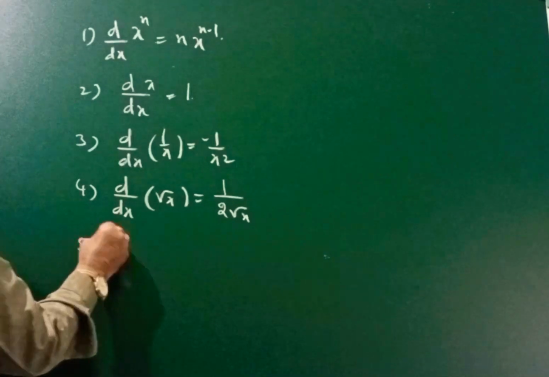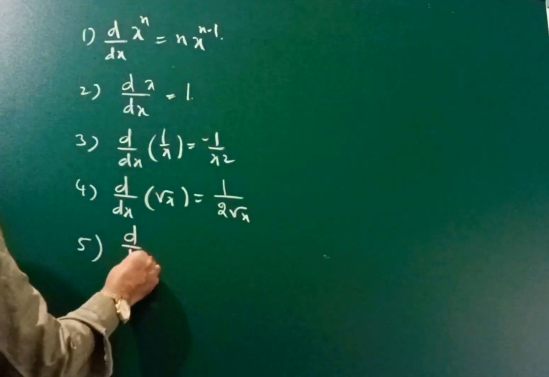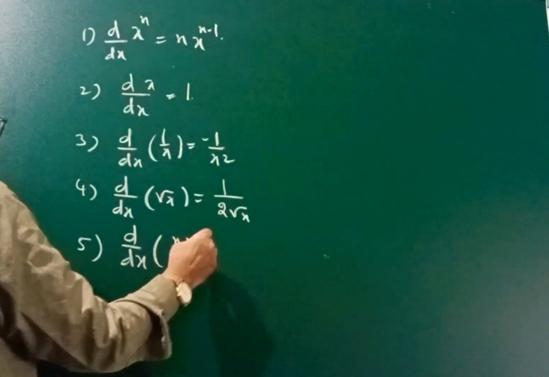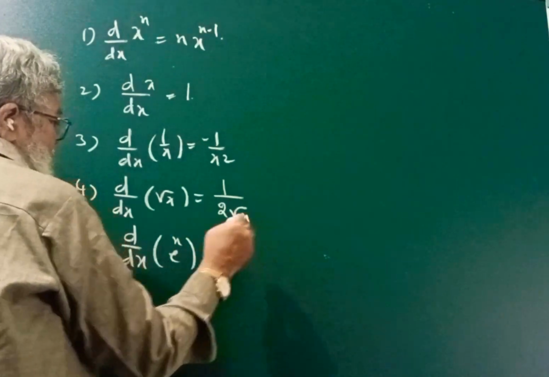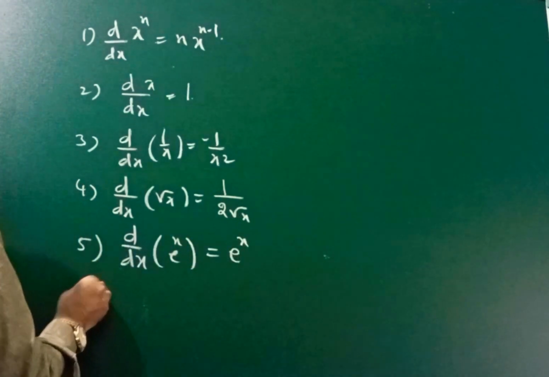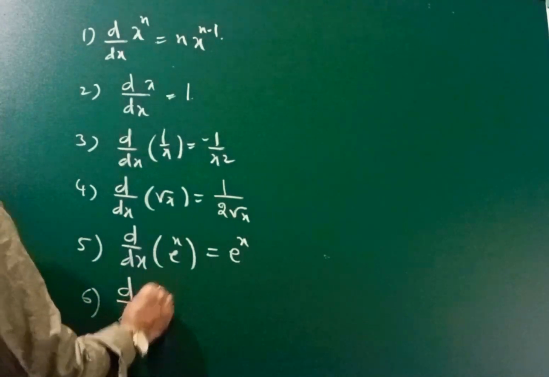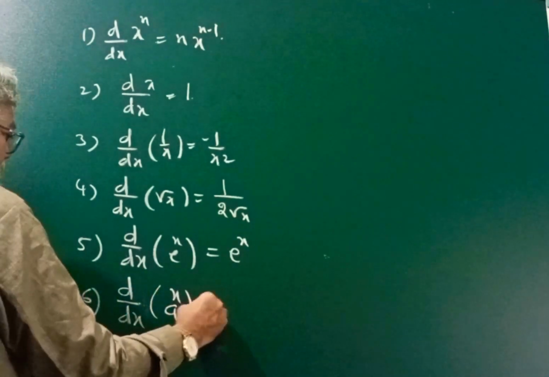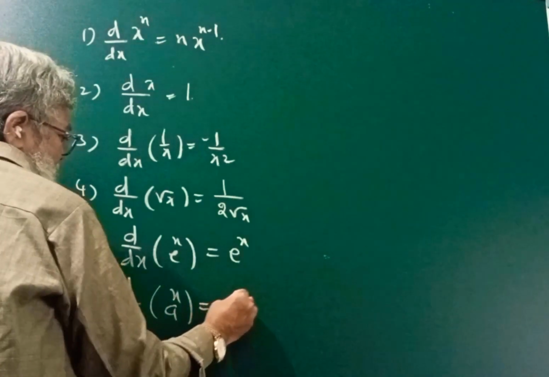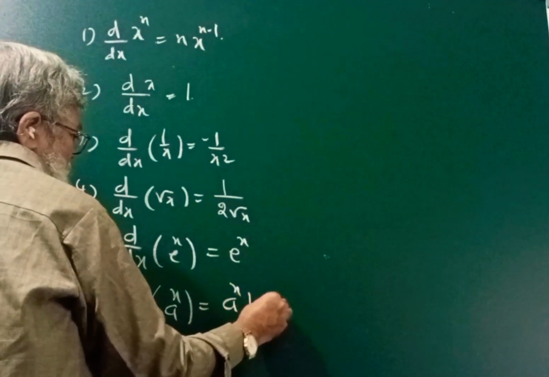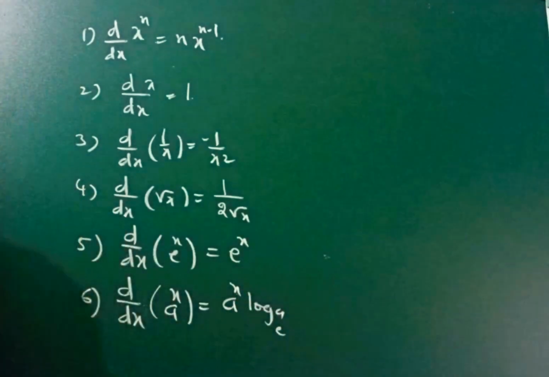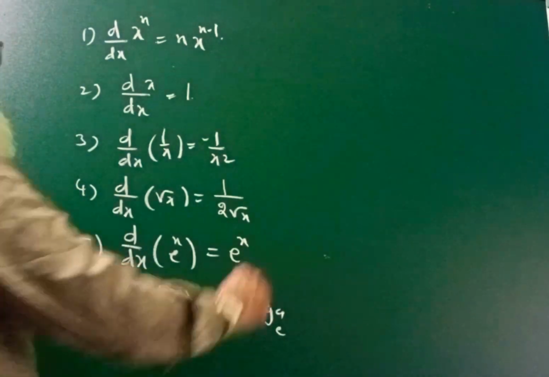Then we have the derivative of e raised to x, which is equal to e raised to x. And derivative of a raised to x is a raised to x into log a, that is the differentiation of a raised to x.